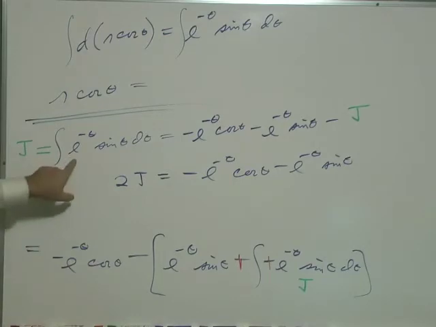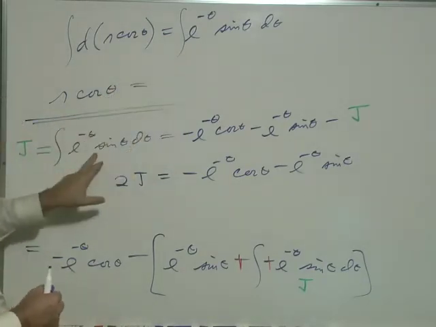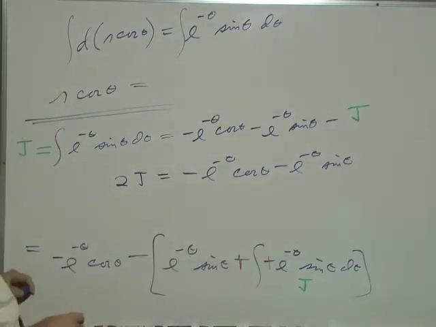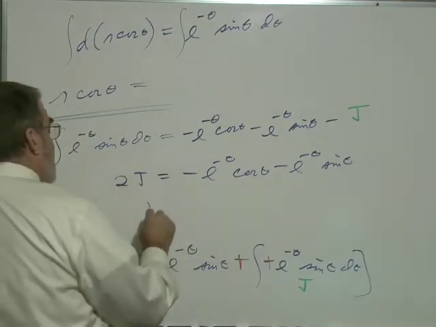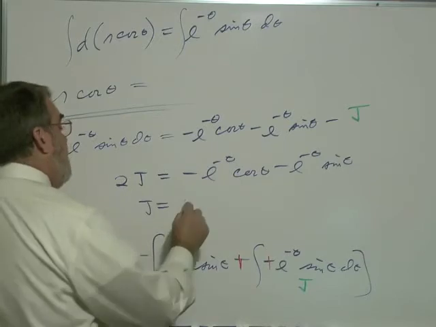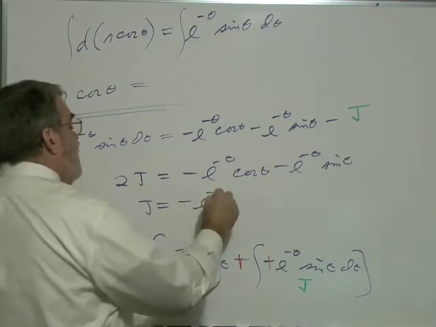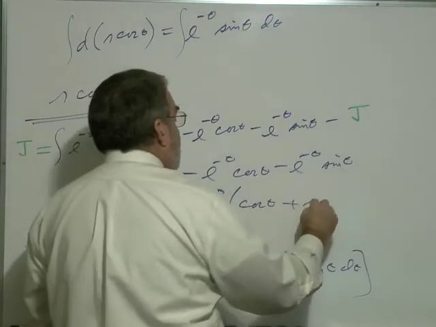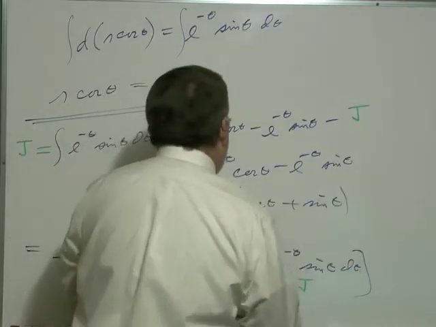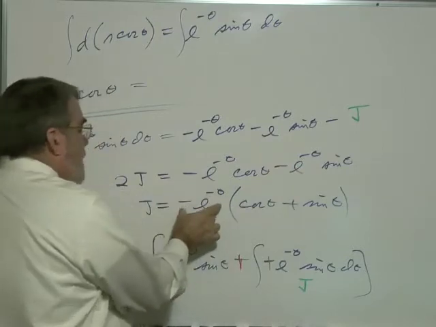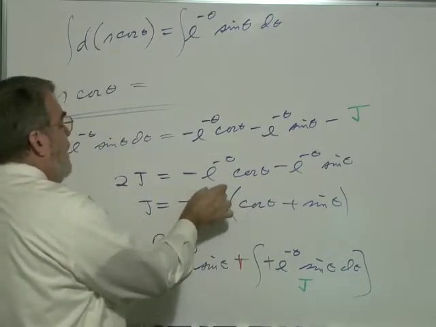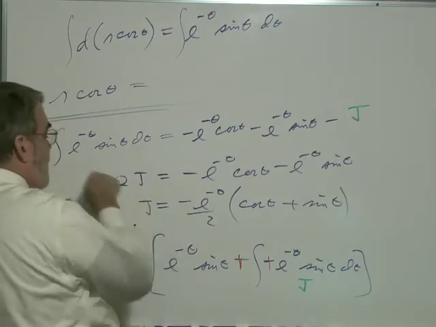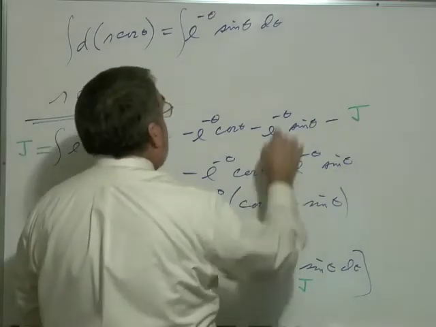Which means that this integral is going to be half of what you see here. And so J would be minus e to the negative theta over 2, parentheses, cosine theta plus sine theta. So I factored out negative e to the negative theta, I divided by 2, and so this integral is equal to that.